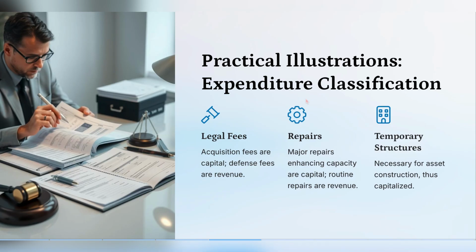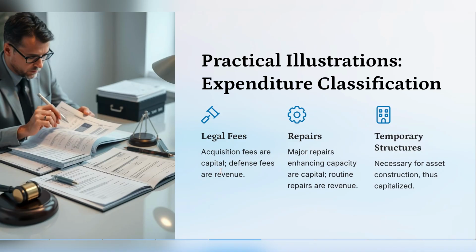So here are some more examples about classification of expenditure. Legal fees, acquisition fees for capital. Whenever we are paying legal fees for acquiring assets or machineries, these are included as capital expenditure, because these are costs incurred for bringing that asset to working condition.